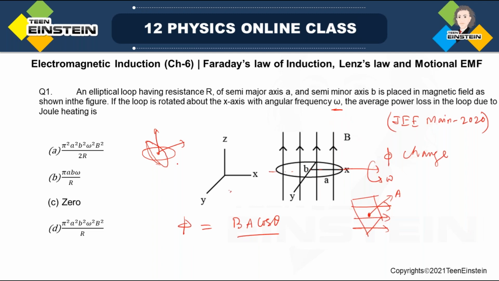Like that, the normal, or the area vector, will be changing its direction, but the magnetic field is fixed. So in general, the magnetic flux is written as B dot A or BA cos theta. The theta is the angle between the magnetic field lines and the area normal.